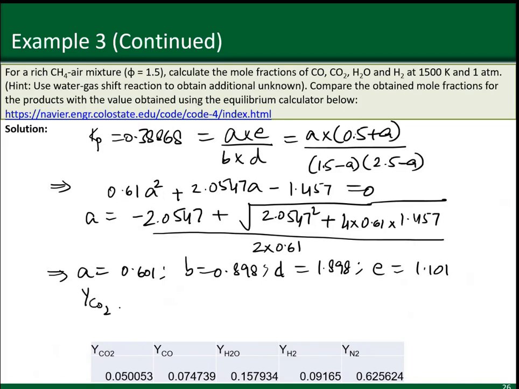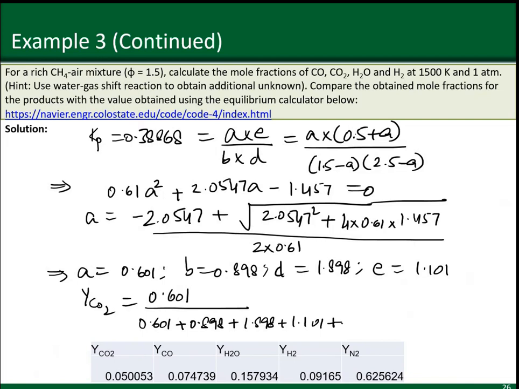For example, YCO2 is the number of moles of CO2 itself, so 0.601, divided by the total number of moles, which is the number of moles of CO2 plus the number of moles of CO plus the number of moles of H2O right here, which is 1.898, plus the number of moles of H2, which is 1.101, plus the number of moles for nitrogen.